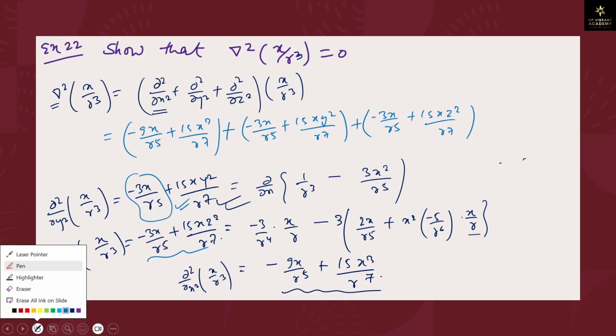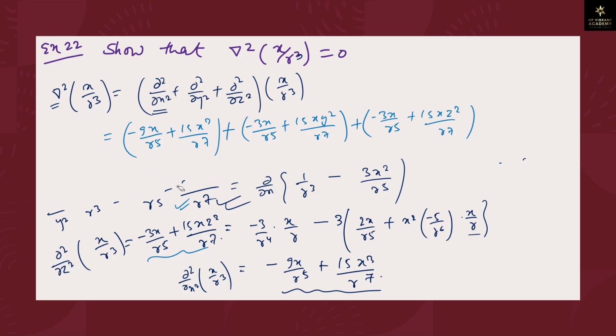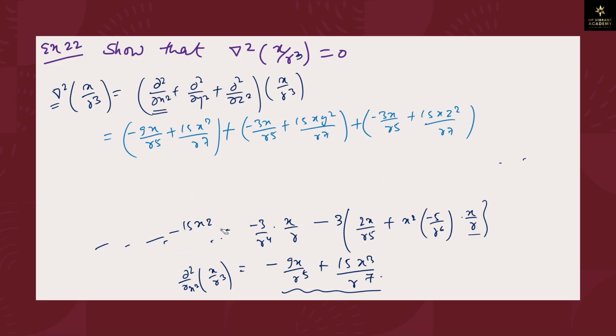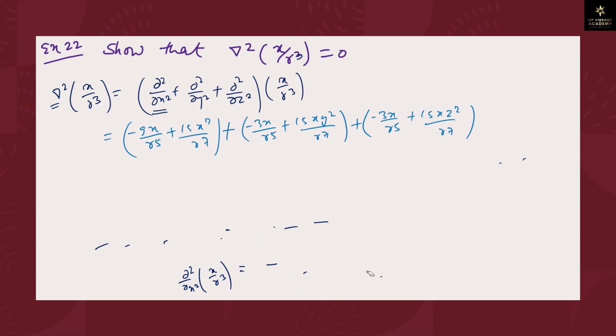Let us further simplify this. So this is equal to minus 9x minus 3x minus 3x, that is minus 15x upon r to the power 5, plus 15 upon r to the power 7 times x.